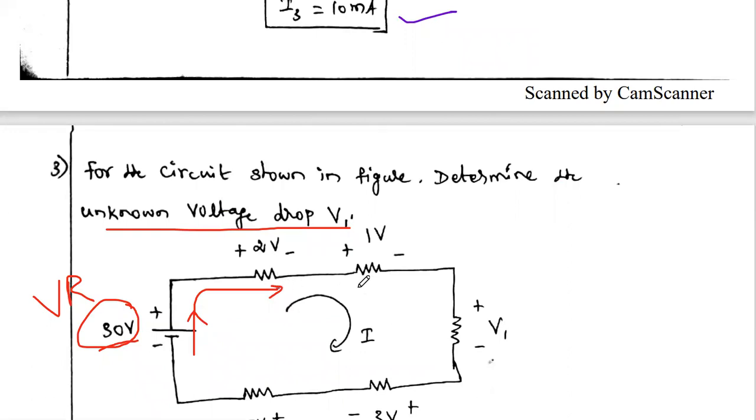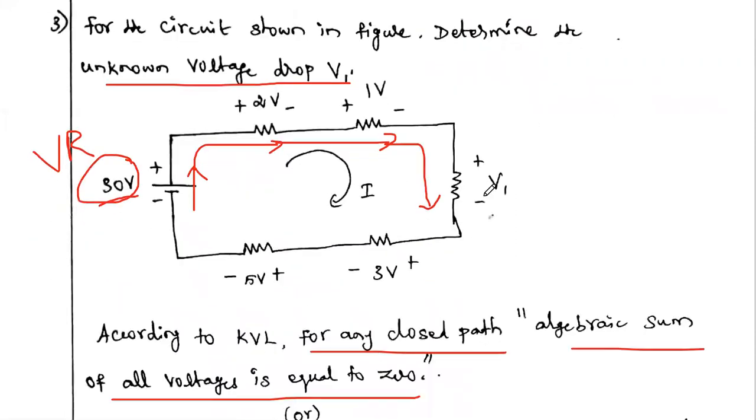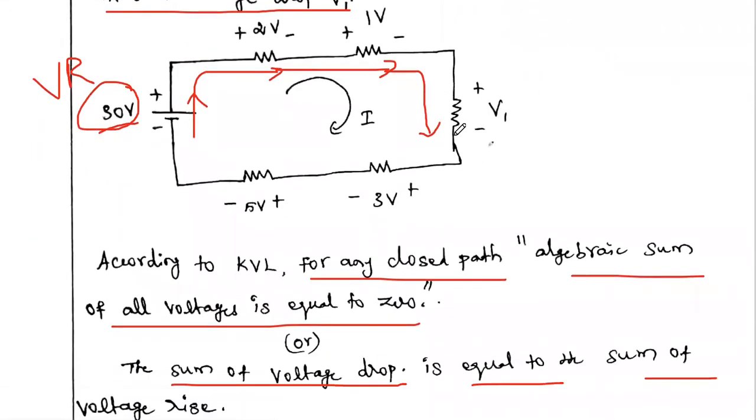Similarly, across the next resistor it is also a voltage drop: the voltage is dropped by 1 volt. Coming along the same direction, this is also plus to minus, a voltage drop. Here also plus to minus, voltage drop. Here also plus to minus.